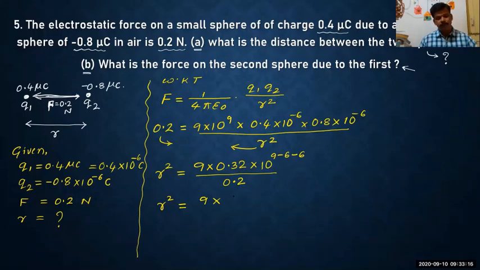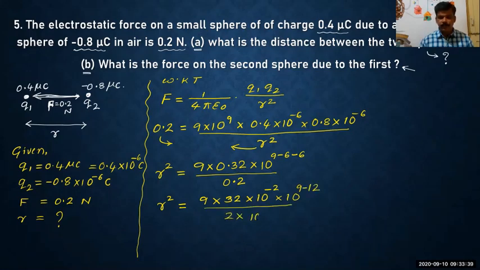If you are confident with decimal numbers, then use them directly. If you are not confident, then convert them to whole numbers by taking 10 raised to something there. Okay, so it can be written as 32 into 10 raised to minus 2 into 10 raised to 9 minus 12, whole divided by 2 into 10 raised to minus 1.